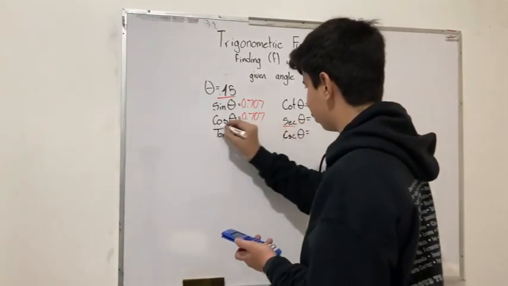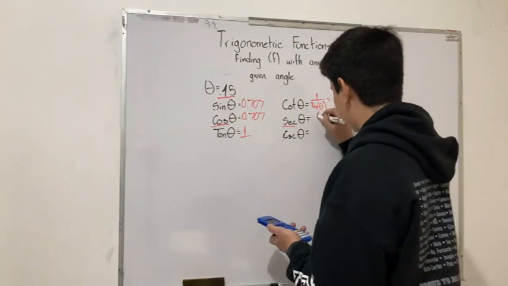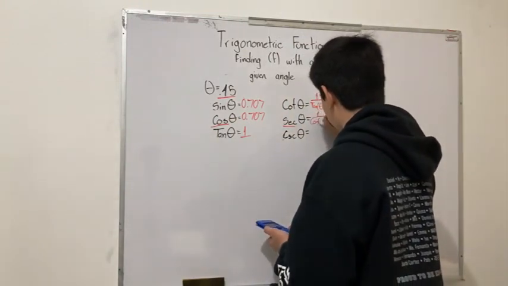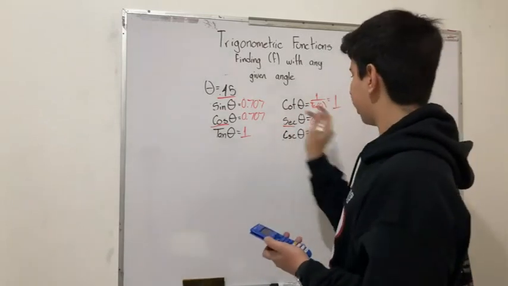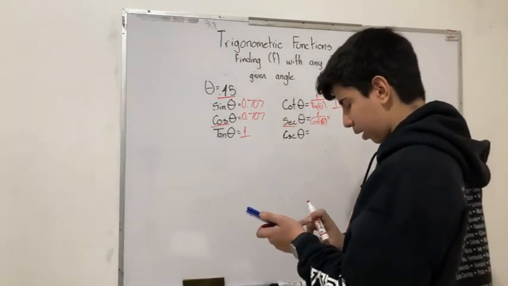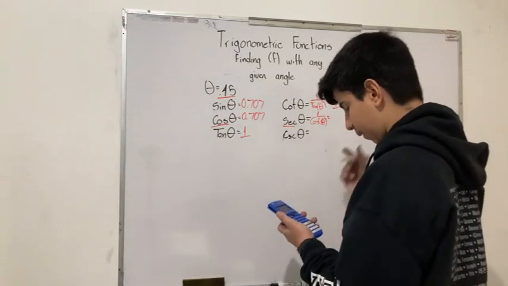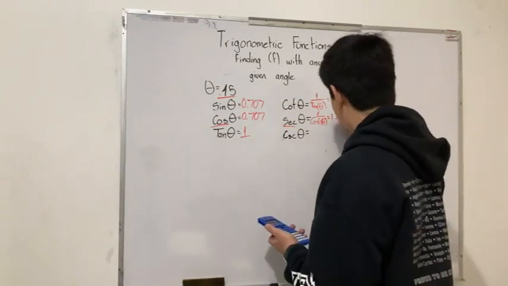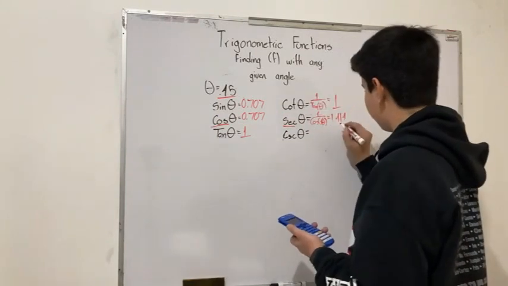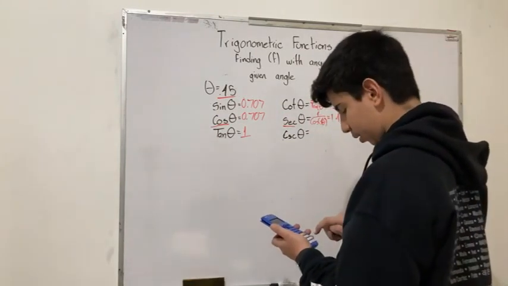Sec, you use cos, so it will be 1 divided by cos. The angle given is 45, so it will be 1 divided by cos 45. 1.414.